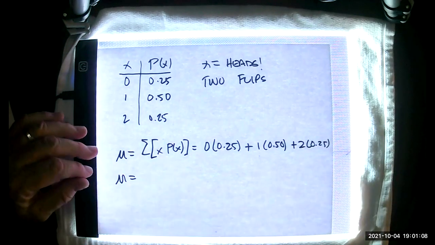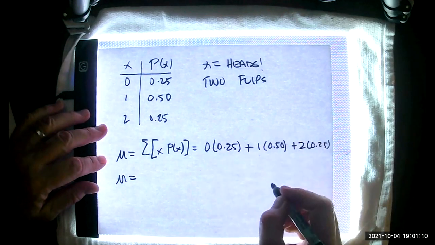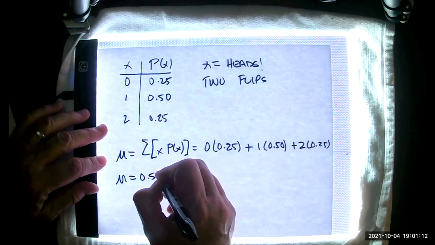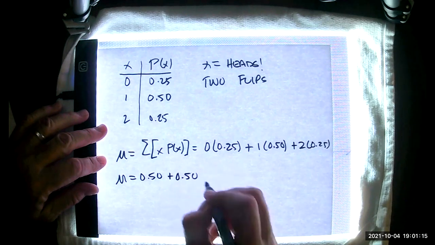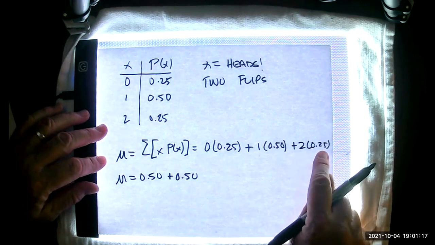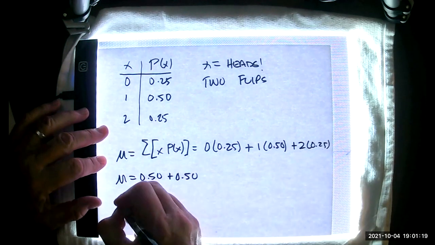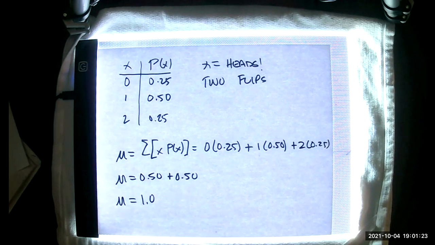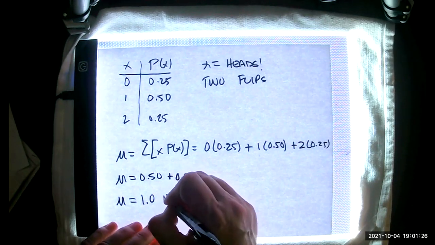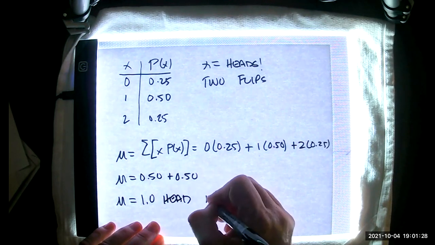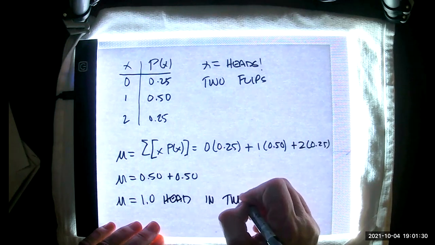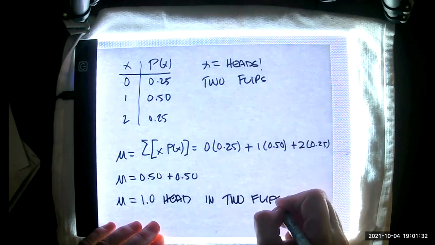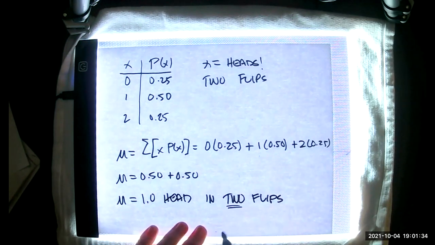So my mean is equal to, this one goes away, I get a 0.50 plus another 0.50, because 2 times 1/4 is 1/2. I have a mean of 1, and I'm going to throw in a single decimal place for rounding. So one head in 2 flips. Does that make sense to people that you should see on a fair coin about 1 head in 2 flips? Of course it does.